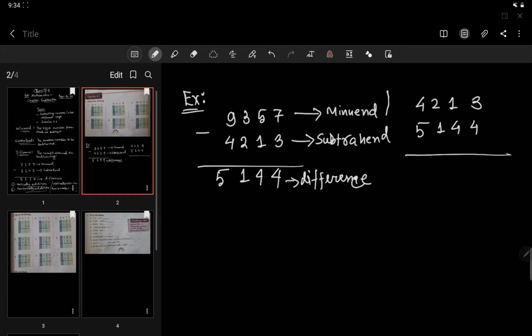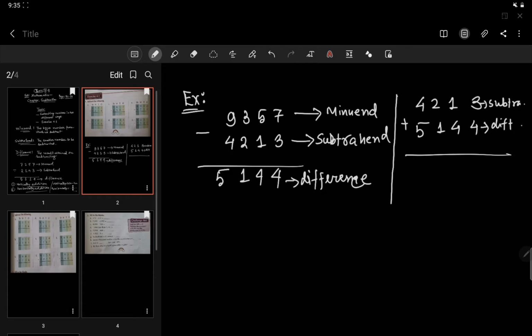If you see on the right side, you will see that 4213 is our subtrahend, and 5144 is our result, that means the difference.